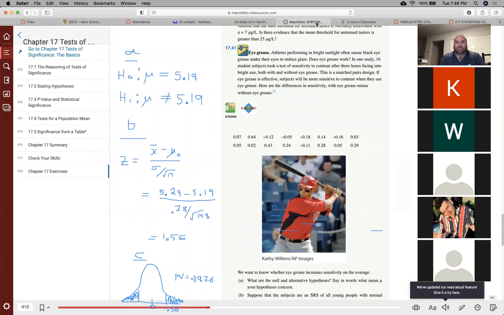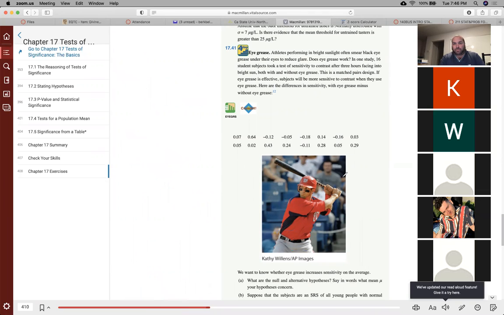Let's try 41. That looks like fun. Go ahead and read 41, please. Let's clear this out.